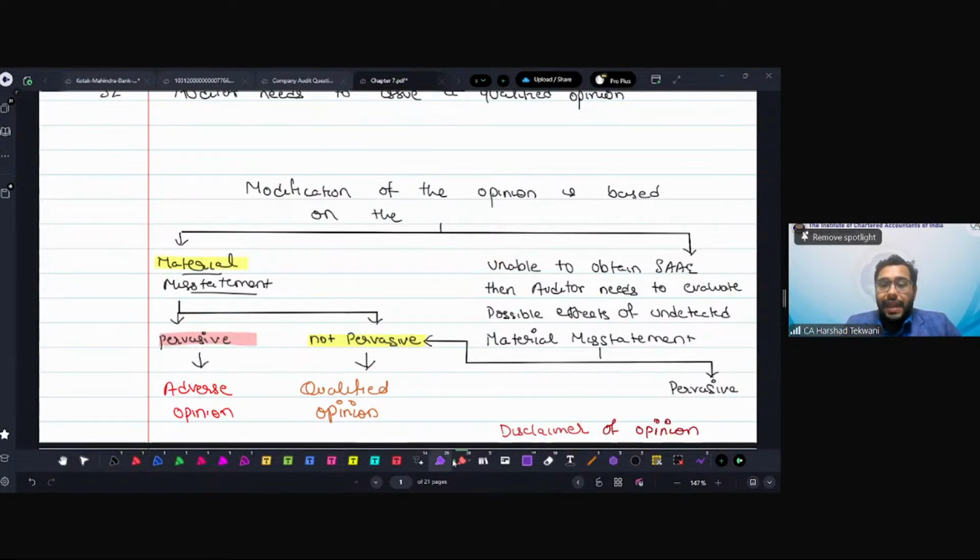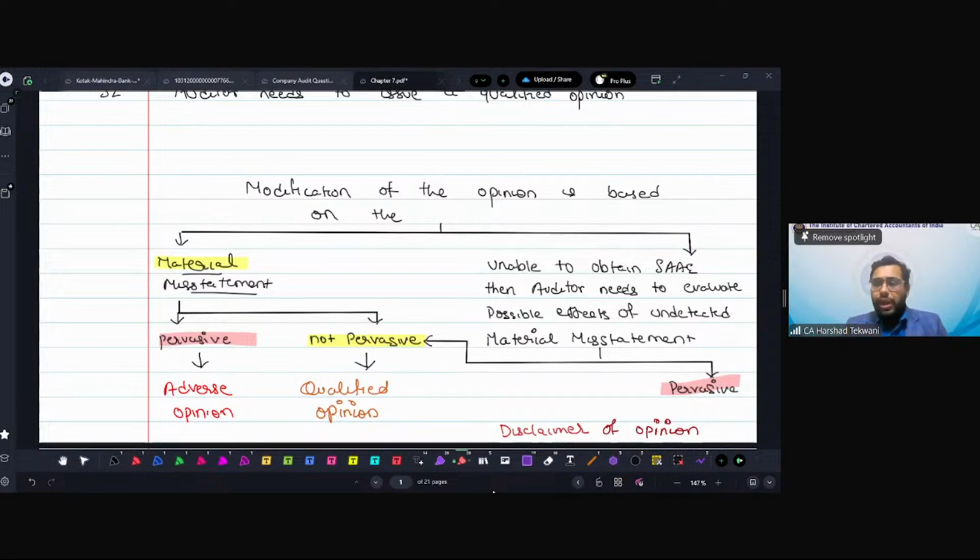If that is of such nature which is pervasive, as we discussed what is pervasive, then I will issue a disclaimer of opinion. But let's say for example you are auditing a financial statement, and there is one portion which is investment. Now investment is material but not a majority portion, not a substantial portion of the financial statement.